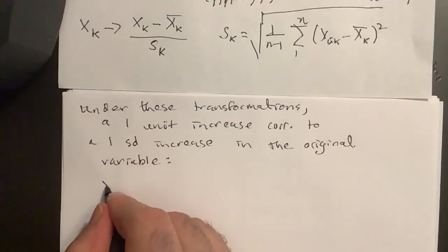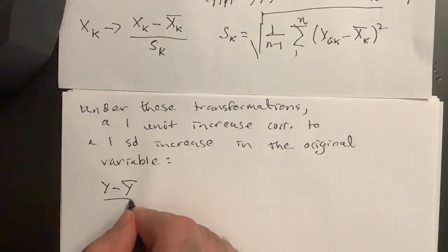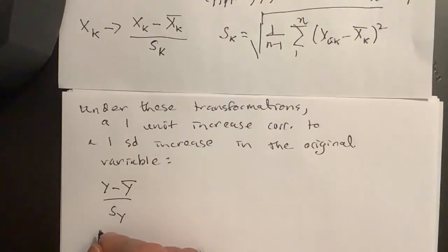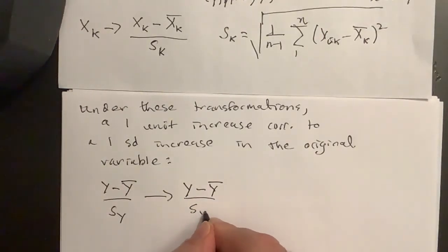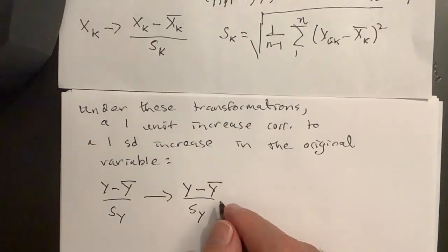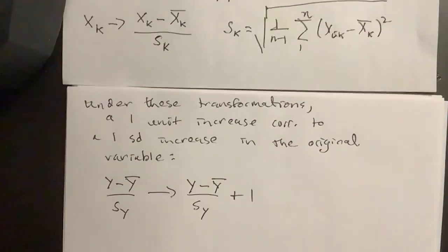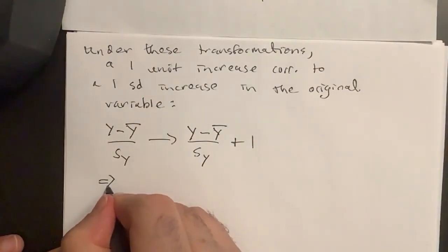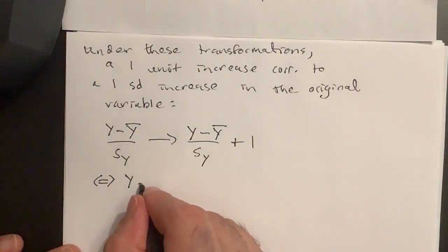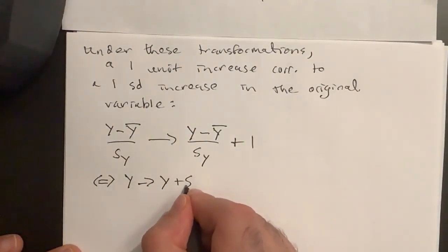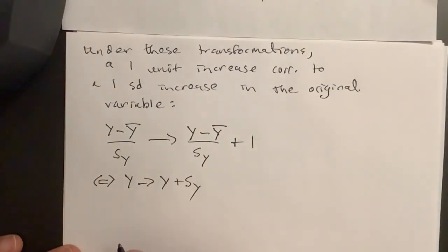If we take (y minus y bar) over s_y and give it a 1 unit increase, this is true if and only if y goes to y plus s_y.